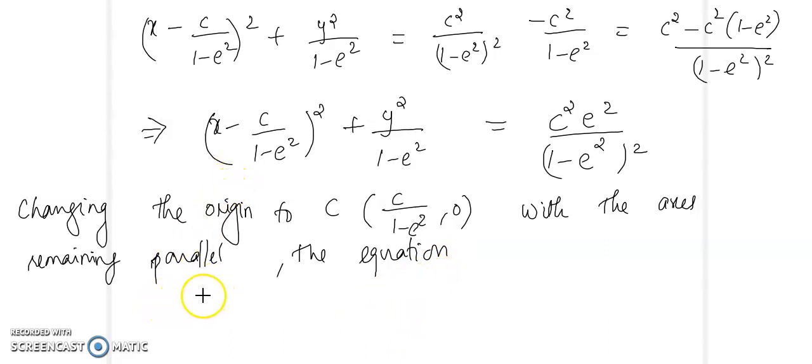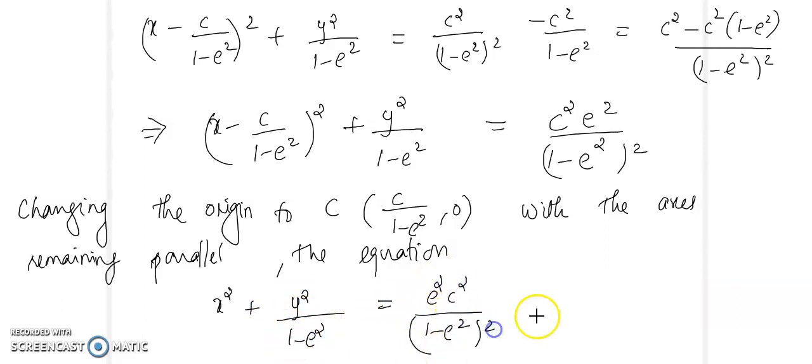So upon shifting, when you are shifting to the right side, x plus a varum. So here this will become x square. So x square plus Y square by 1 minus E square will be equal to E square C square by 1 minus E square the whole square.